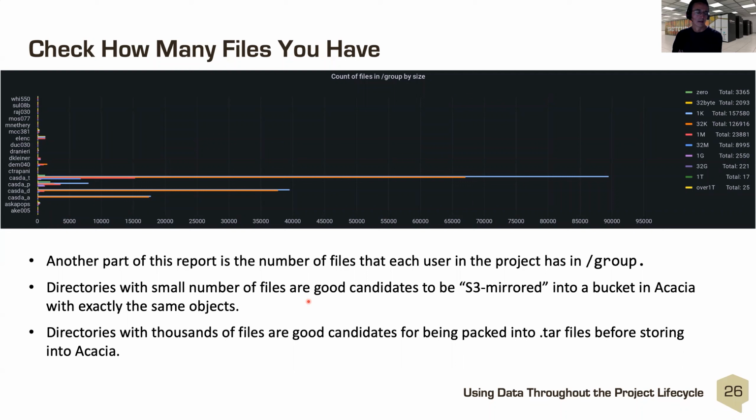So it is probably more organized and better to pack your data first into a tar file and then move it into Acacia. So you have two options. You can store every single file as an individual object in Acacia, or you can pack your information first into a tar file and then move it into Acacia. Those are the two main ways of storing data in Acacia.